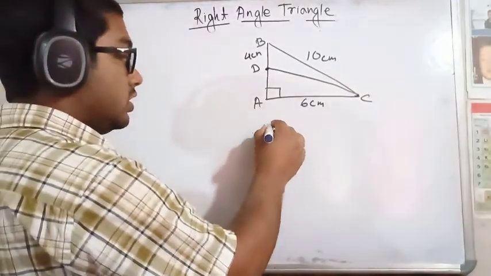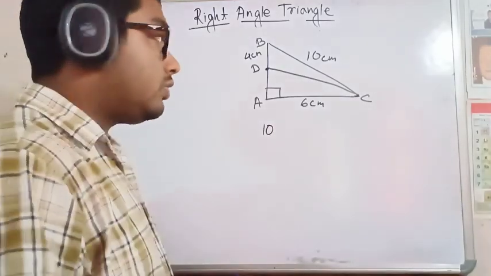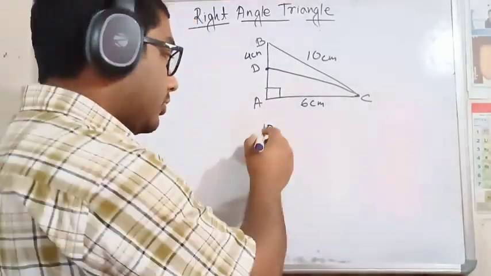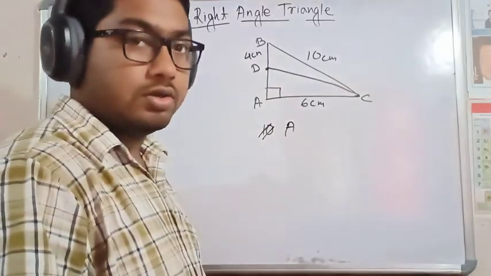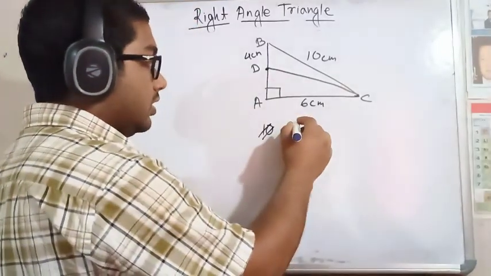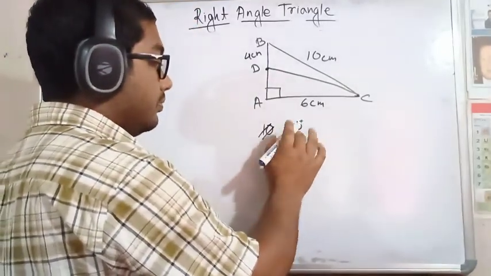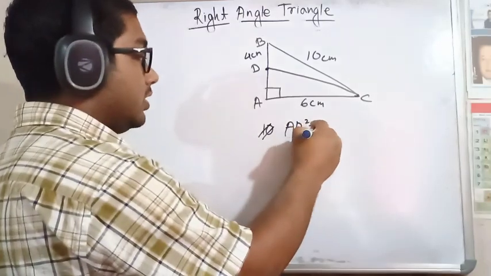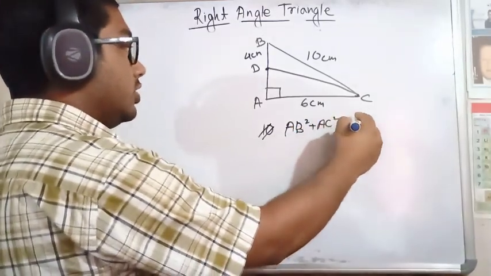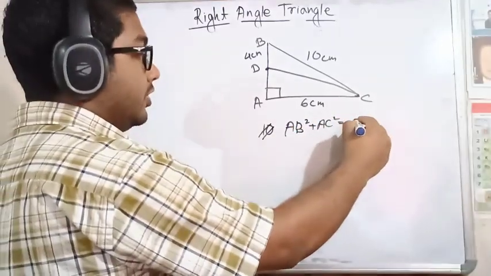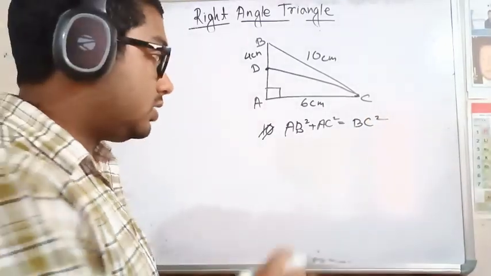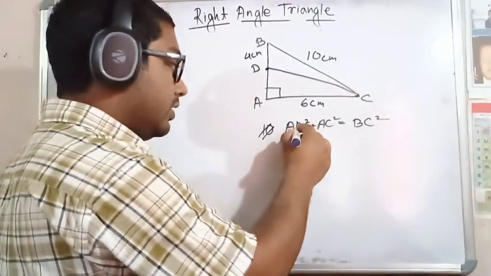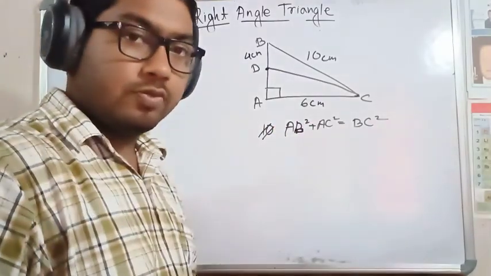So this is 10 centimeter. When you're talking about the right angle triangle, you must remember the Pythagoras theorem. That is, AB square plus AC square must be BC square. We need to remember that every right angle triangle satisfies this formula.